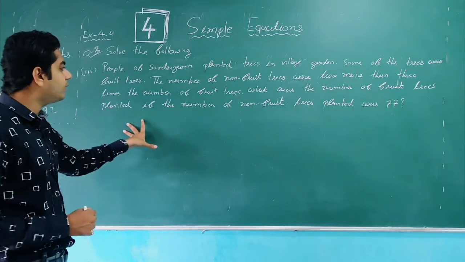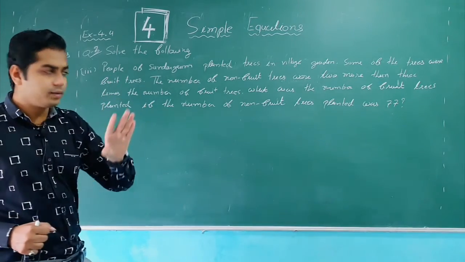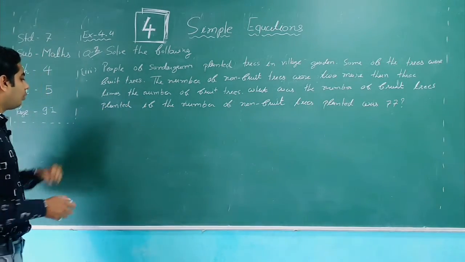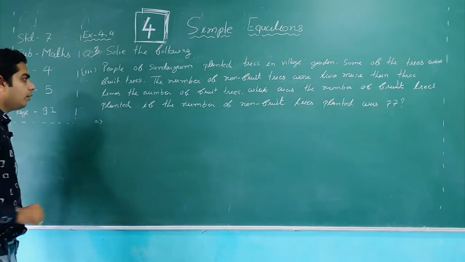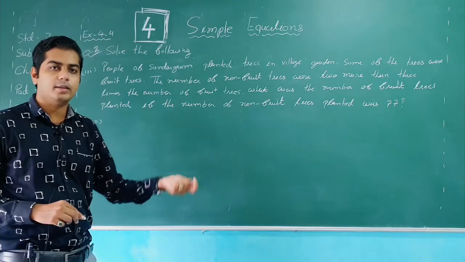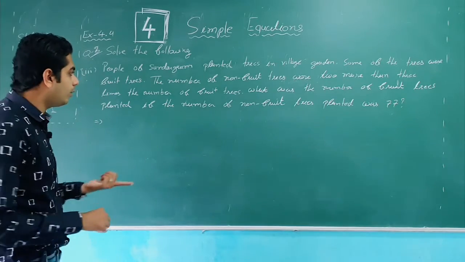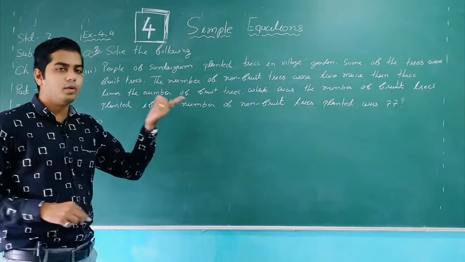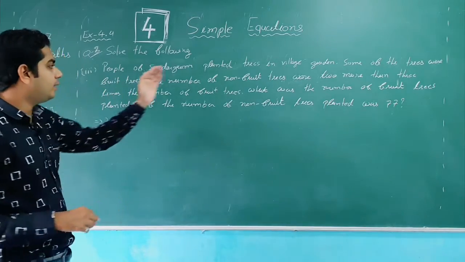The main thing in converting a statement to an equation is that you have to know what each part of the statement represents: multiplication, addition, subtraction, whatever the symbol represents, we have to identify by reading the question.